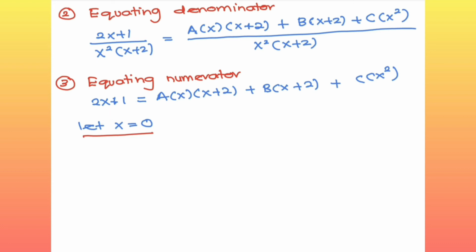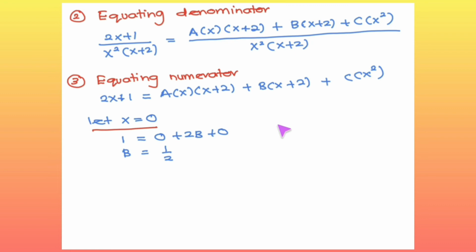we have here on the left hand side 1 is equal to, okay, a is 0, plus 2b, and here we substitute 0, so plus 0. So we will have here b is equal to 1 over 2. Okay, next. Let x is equal to negative 2.